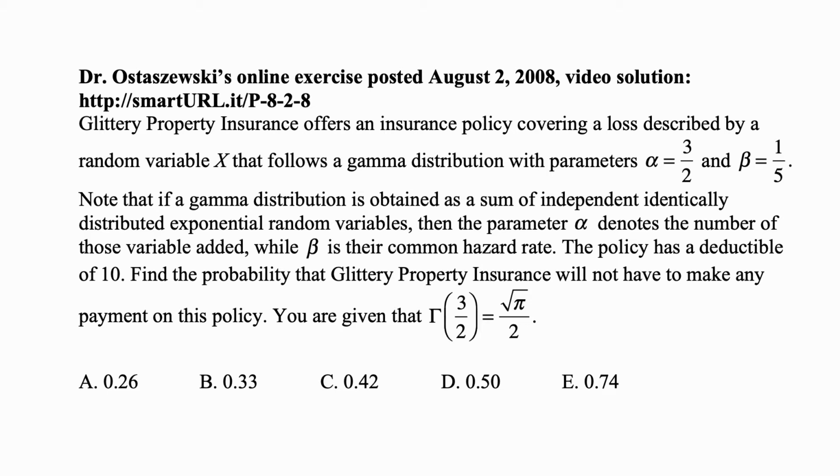The policy has a deductible of 10. Find the probability that Glittery Property Insurance will not have to make any payment on this policy. You are given that the gamma function evaluated at 3/2 is equal to square root of pi over 2.